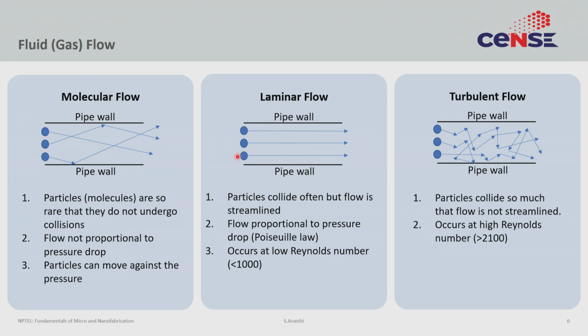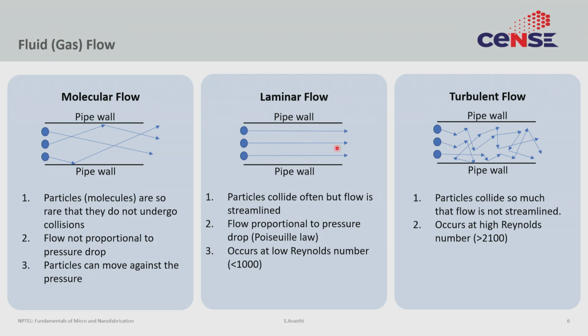The more familiar to you may be the laminar flow regime, which is often discussed in introductory physics courses, where you must have seen Bernoulli principle, you must have heard of Navier-Stokes equations, etc. So, they all tend to define the laminar flow. So, in this case the particles collide with each other, but the flow is streamlined. So, the particles tend to maintain these streams, right.